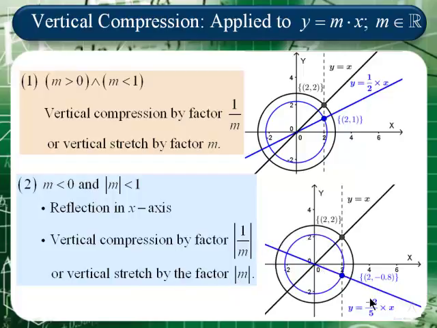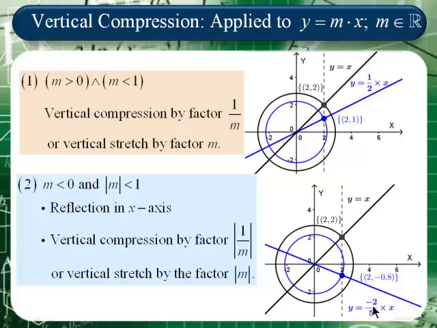Consider the case here where m is minus 2 over 5. Note it's negative, so it's a reflection. So this blue point is some reflection, but it's not just a reflection in the x-axis. Now the absolute value of the parameter is 2 over 5.